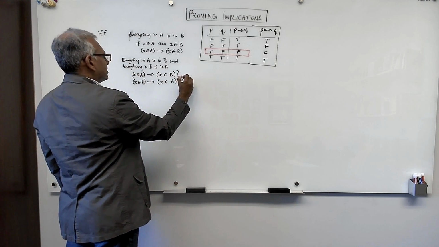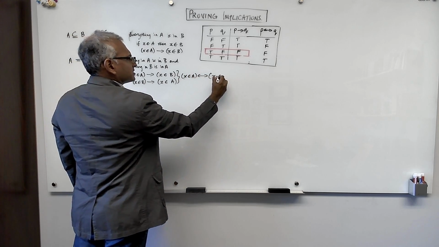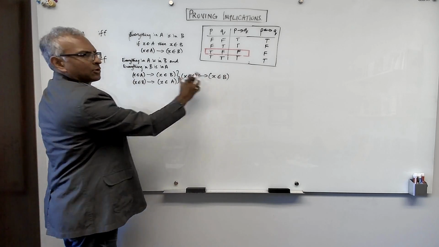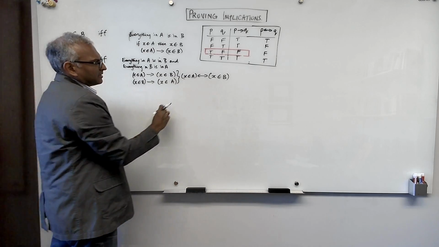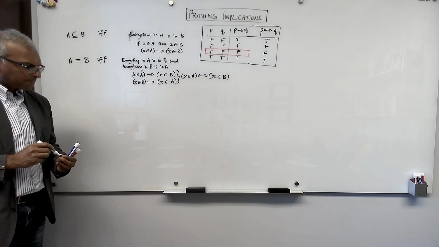Together, this is the statement X is in A if and only if X is in B. So set equality corresponds to an equivalence, to an if and only if.